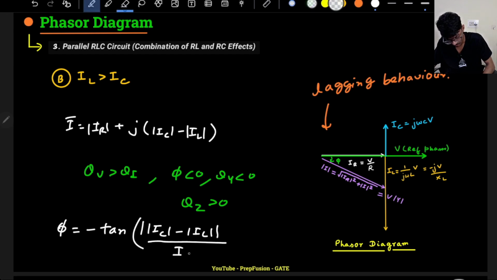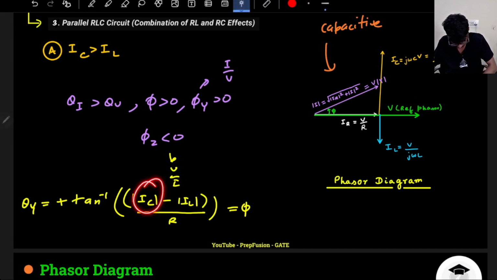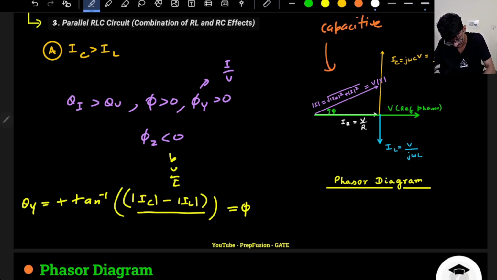IR is positive only. I will derive this in terms of the power factor angle, the impedance angle as well. So what are your IC and IL? IC is V by XC. Okay, I made a mistake, this should be IR. This is not R, sorry, this should be IR.